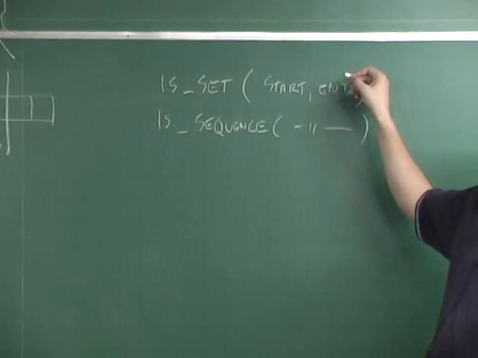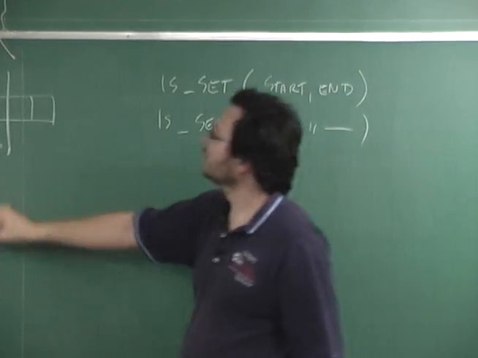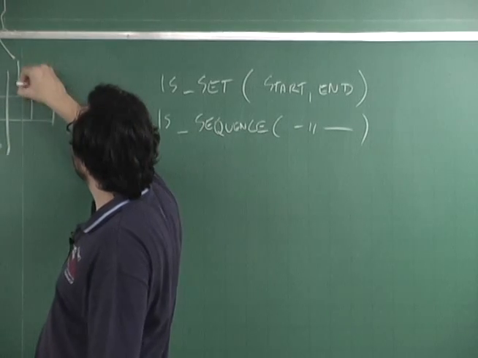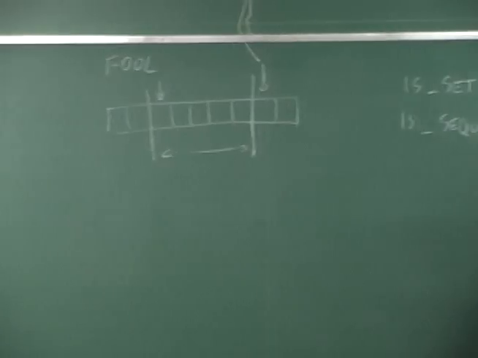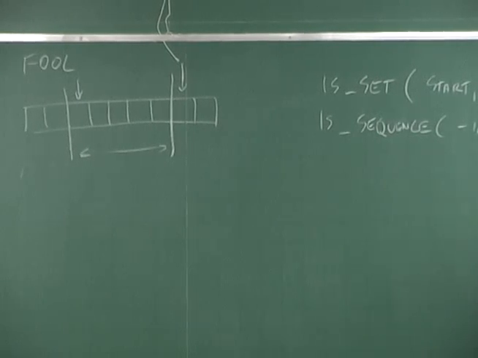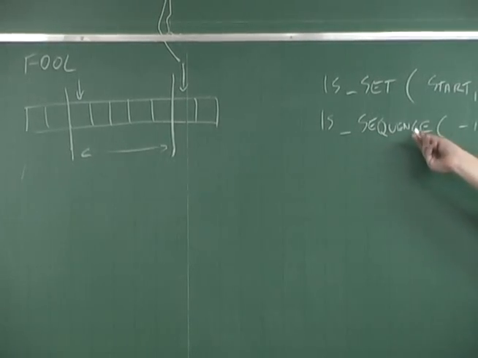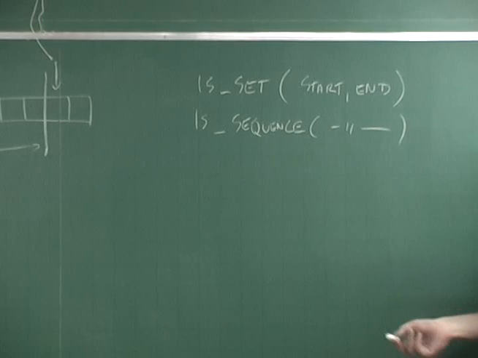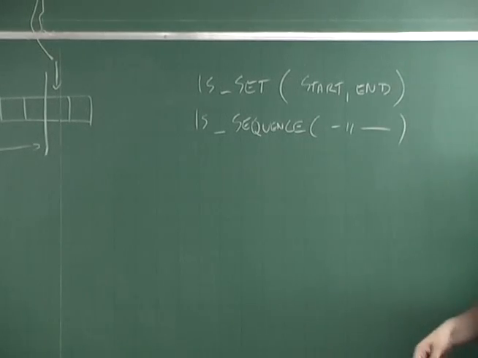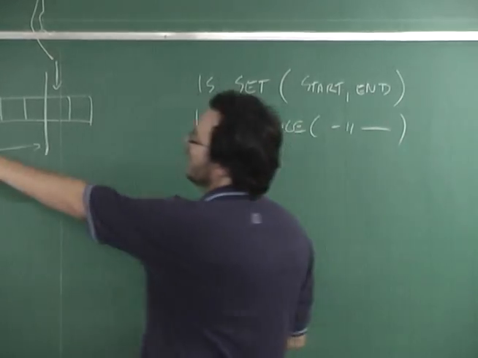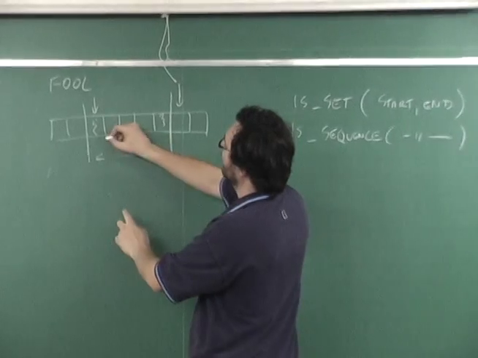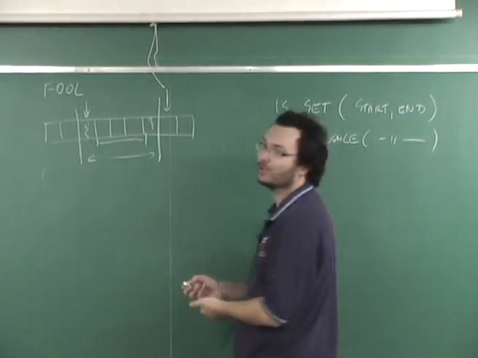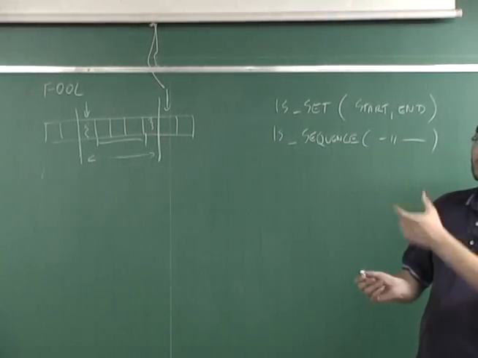Each of them will get only two arguments, the start index and the end index for the substring. And it will return a bool whether it is a correct set or whether it is a correct list of items. This function is pretty simple. It will check this character to be a left brace, this character to be a right brace, and then we will call and return this sequence on the middle part.